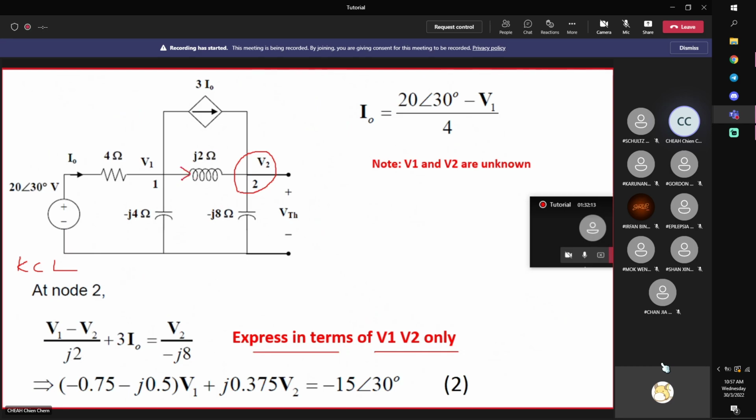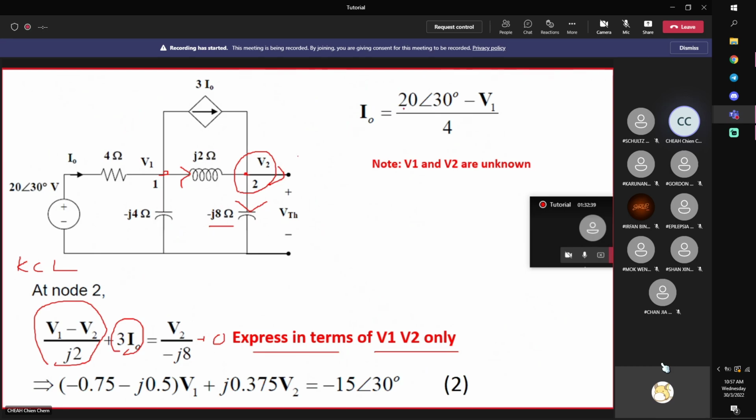So this one is the same, just reproduce it from the previous one, right? Copy it down, assign same direction, and then here inflow 3I0, outflow V2 divided by negative j8, no current flowing here, open circuit, right? Open circuit.